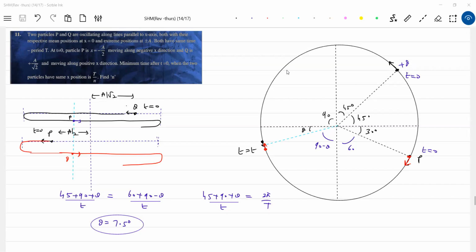Okay, please do revise all of these, especially for the mains. You are going to get very good questions there rather than in advanced. Advanced we can manage, but for mains, something related to phasors, compound pendulum or simple pendulum, the best questions are available. Check the mains papers once and you'll get an exact picture of SHM. They're more bothered about the kinematics of SHM, simple pendulum, compound pendulum, damped oscillation and forced oscillation.